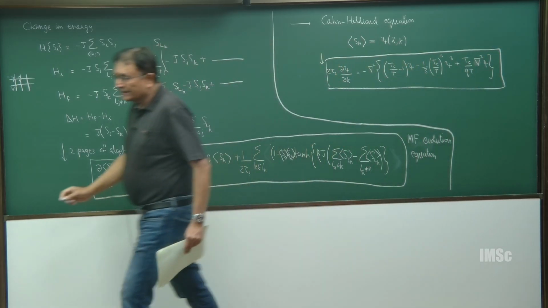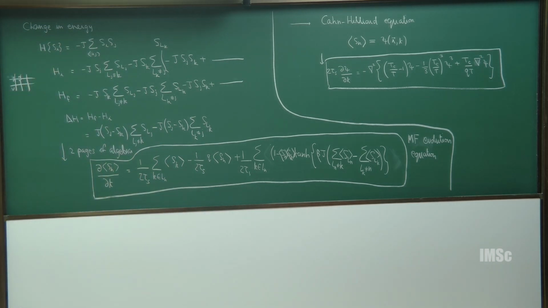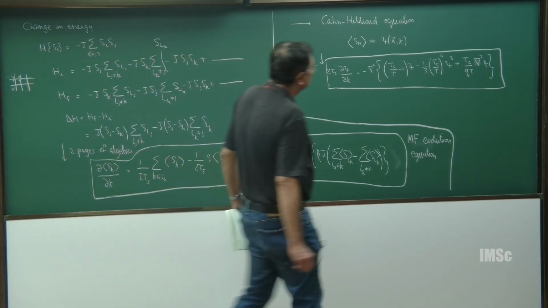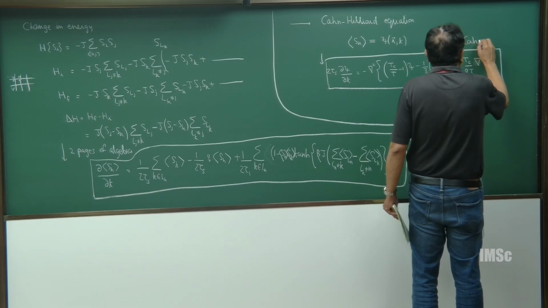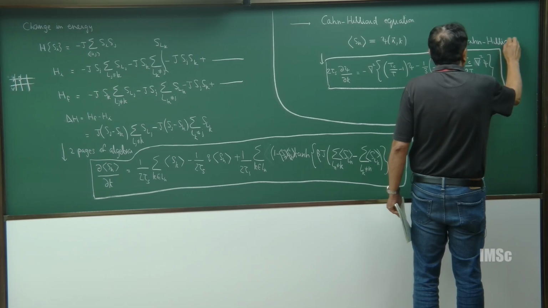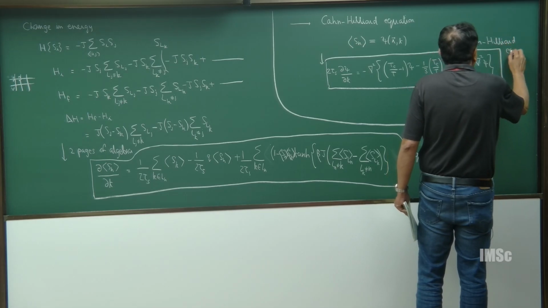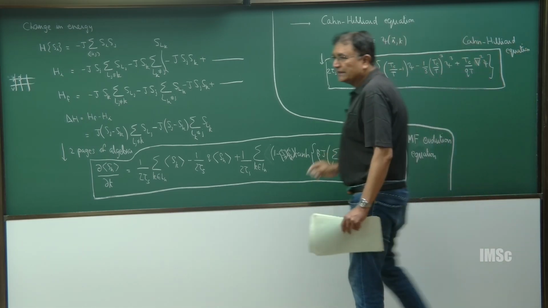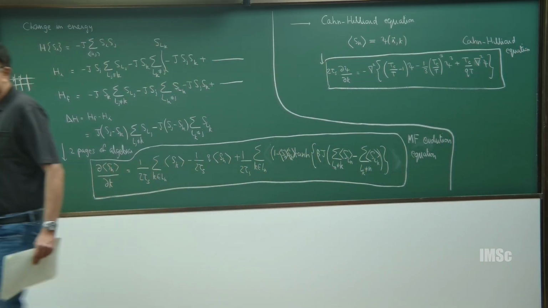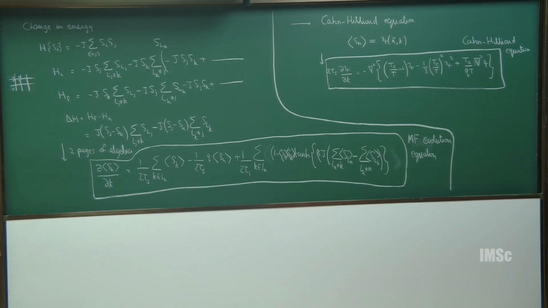Of course, when you do the Taylor expansions, there are lots of higher order terms which are neglected. That's called the Cahn Hilliard equation. If you remember, we had encountered this name Cahn earlier also. Notice that superficially it's very similar to the TDGL equation, but actually it's vastly different.